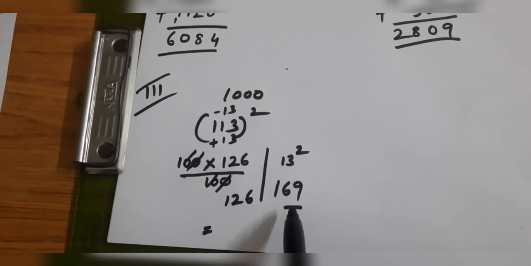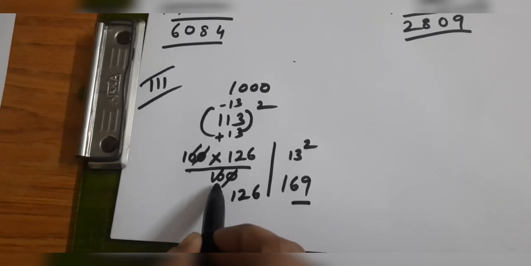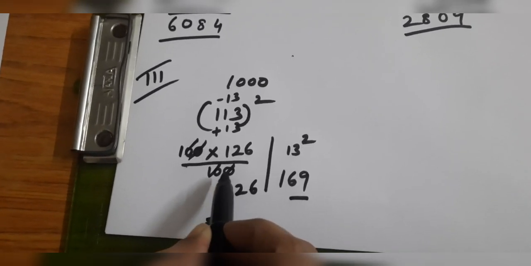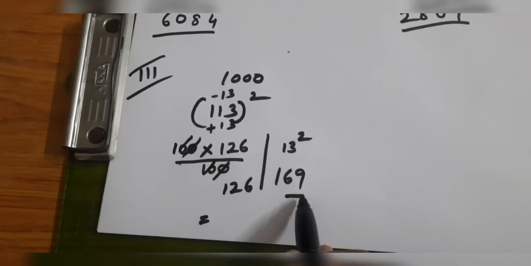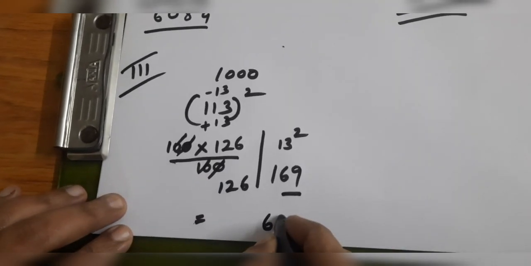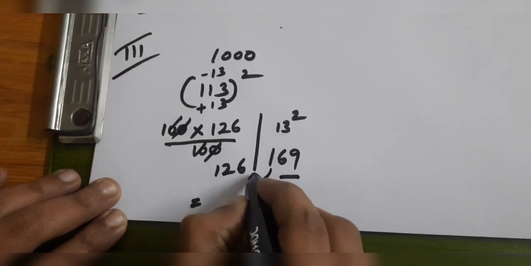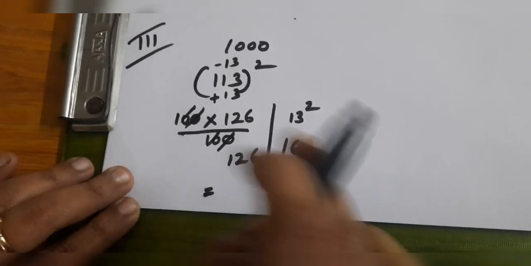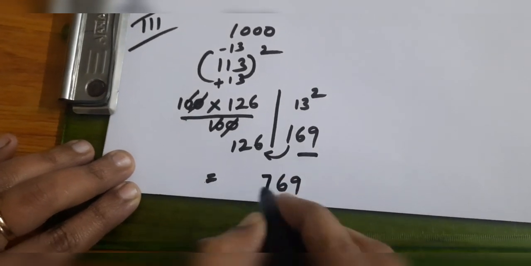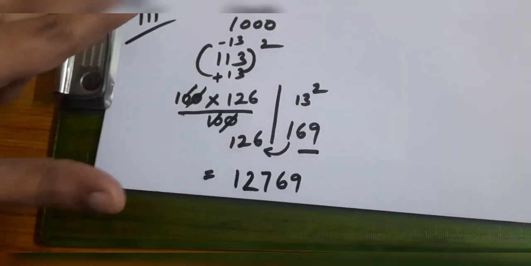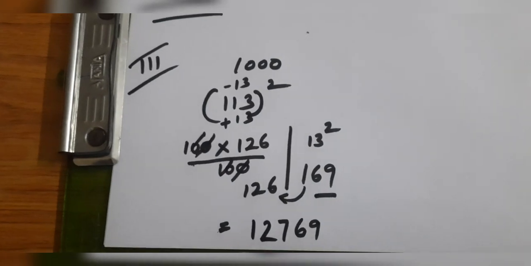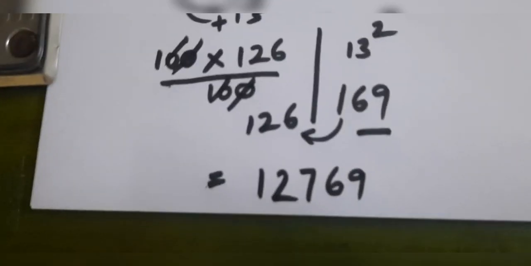Only the last 2 digits you can write as it is, and the other digit will be carried forward. So 1 and 6 makes 7, 12. So 113 square is 12769.